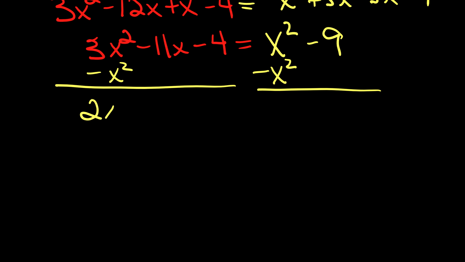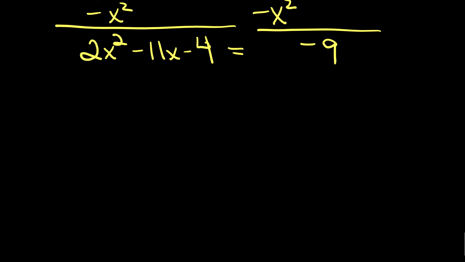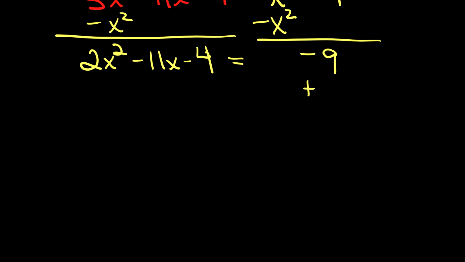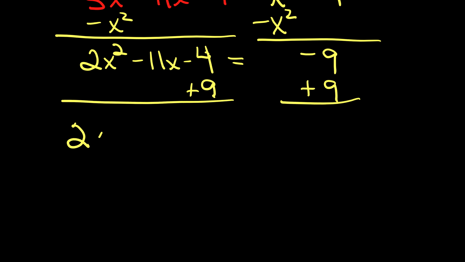I get 2x squared minus 11x minus 4 equals -9. Okay, then from here I'm going to add 9, so I get this equation equal to 0. Adding 9 to both sides. So how about 2x squared minus 11x plus 9 minus 4 is 5. And now it equals 0.